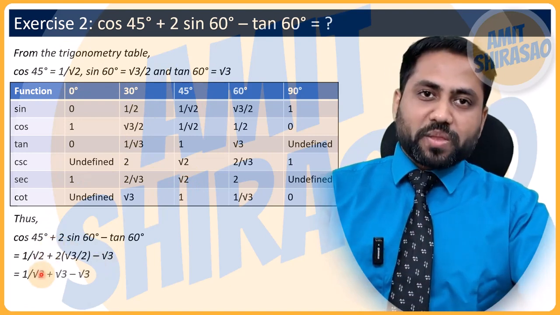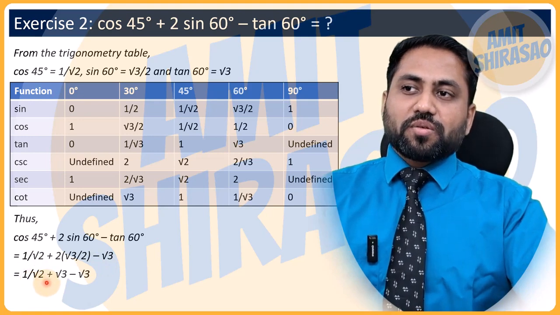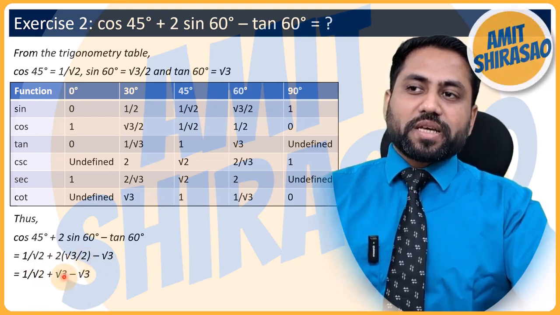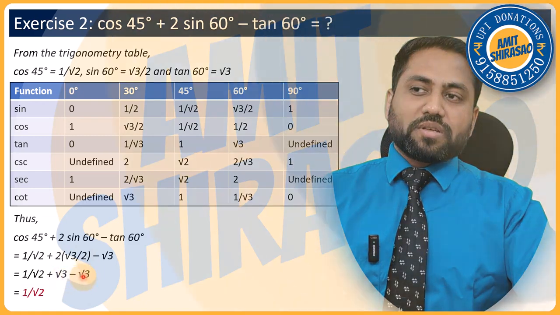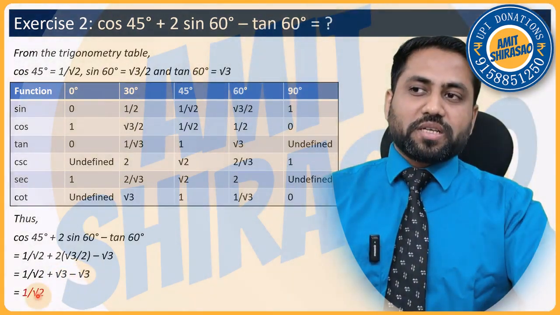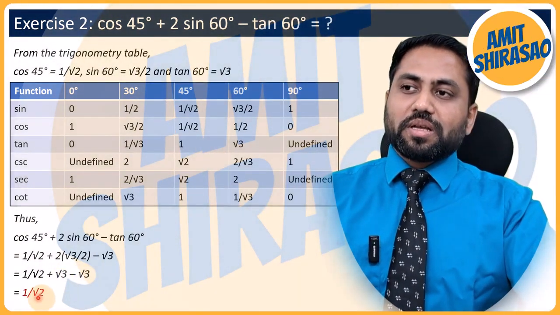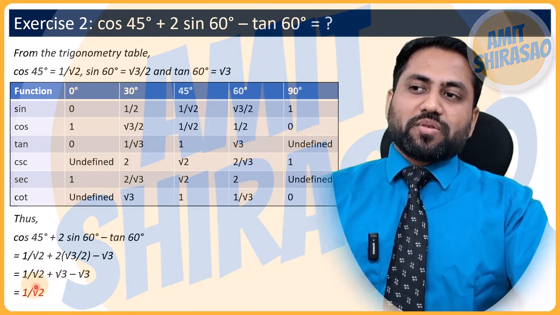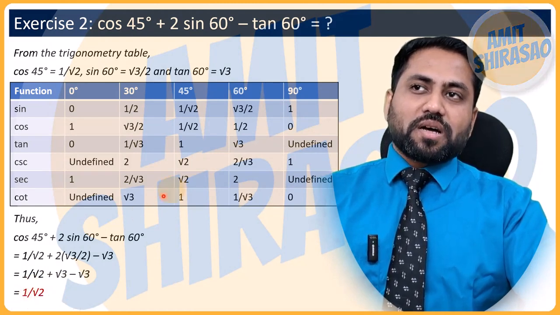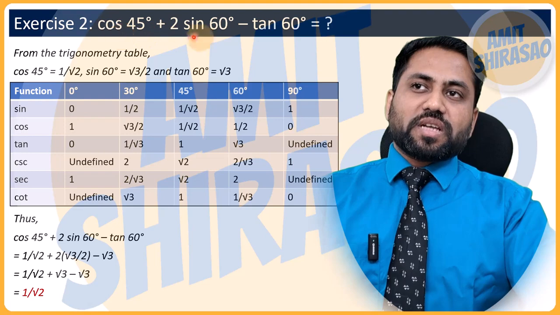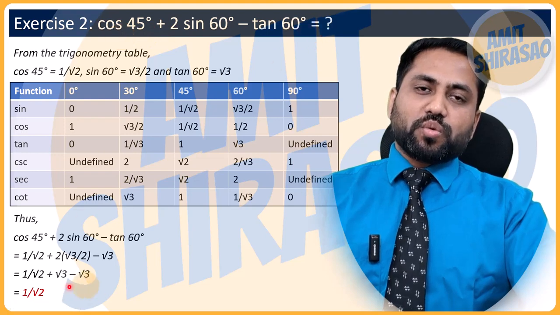You can do that, right? There's no problem. This 2 and 2 will get cancelled, and this root 3 and minus root 3 will equal 0. So it will finally give you 1 upon root 2, and that is the answer. The right hand side of this equation will be 1 by root 2.